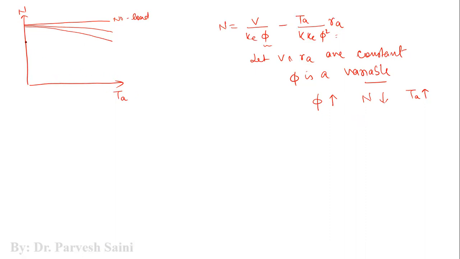Okay, so that means we are plotting these characteristics between N and Ta with reference to the variation in flux. So this is case one, right? The second case could be that V and Φ are constant, Ra is a variable.